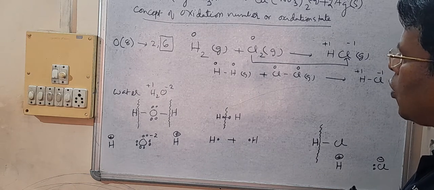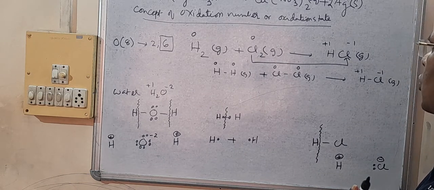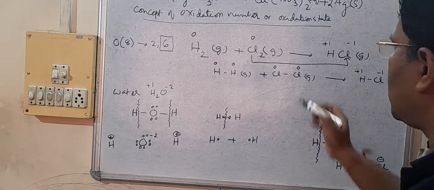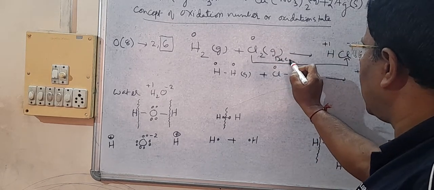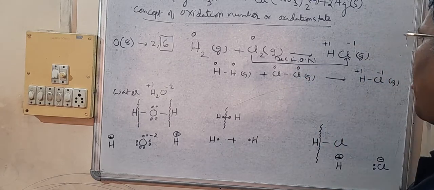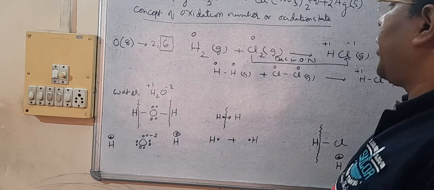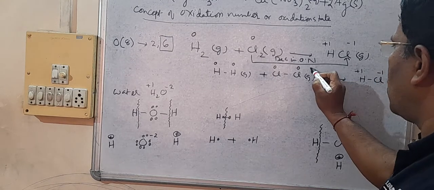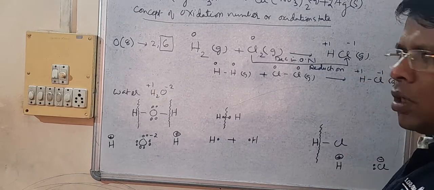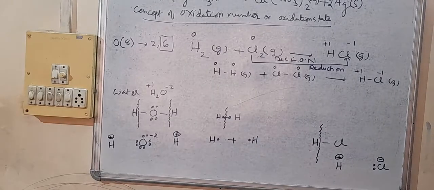Is there an increase in oxidation number or a decrease in oxidation number? 0 to -1, there is a decrease in oxidation number. And decrease in oxidation number is called reduction.